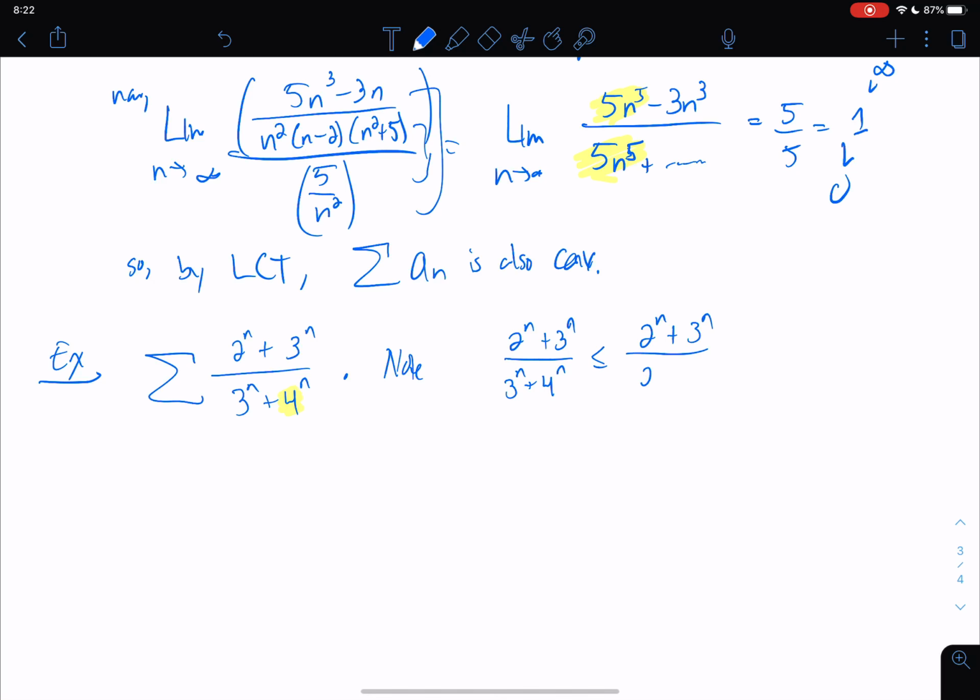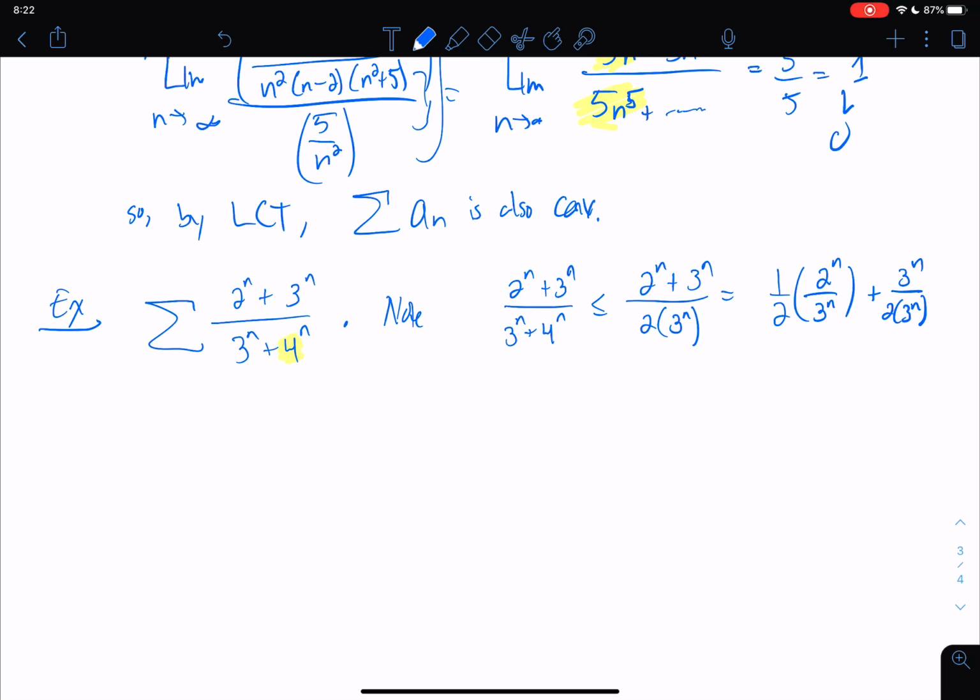So here I'm going to get 2 times 3 to the n, which of course becomes 1/2 times 2 to the n over 3 to the n plus 3 to the n over 2 times 3 to the n, which becomes 1/2 times (2/3) to the n plus just 1/2.